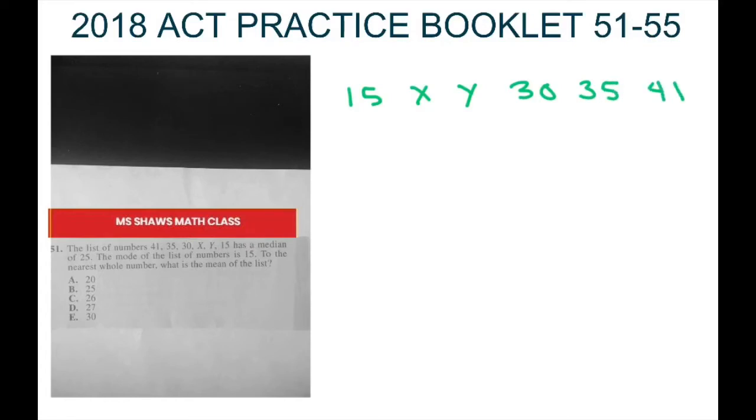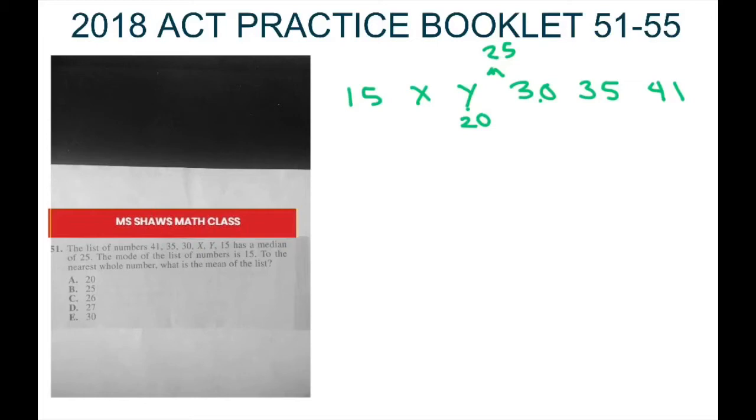They say the median is 25, so that means halfway between Y and 30 is 25. So we know that Y is 20, because you add 20 plus 30 and divide by 2, you get 25.